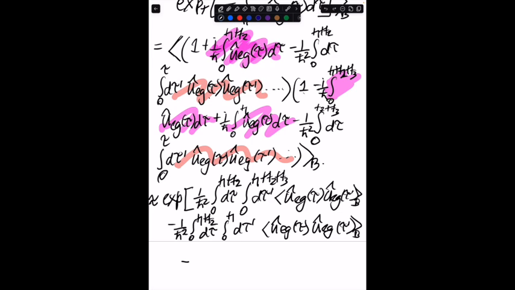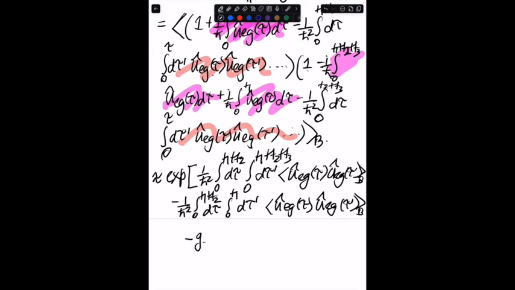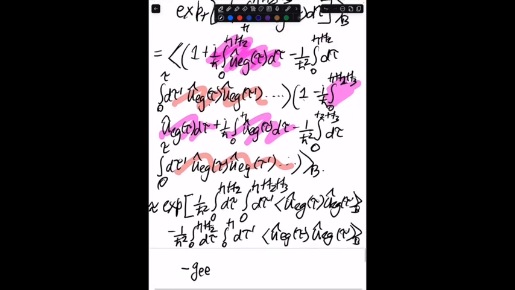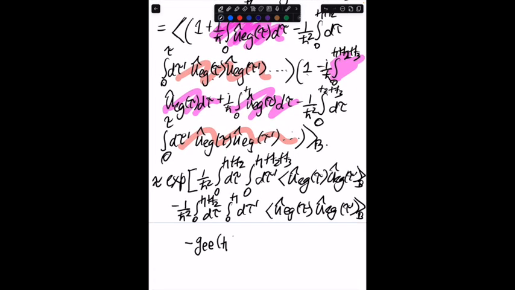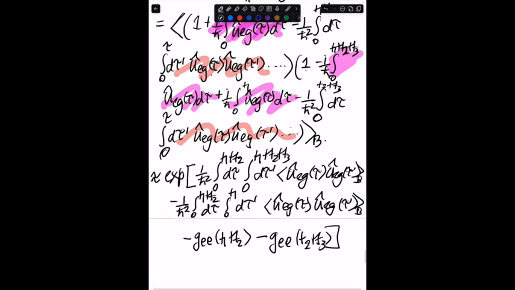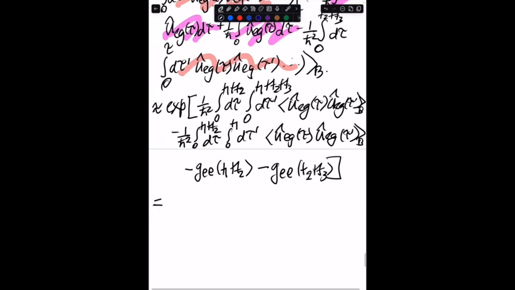So what that gives me is this first red term will just give me G(T1 plus T2). I hope that's clear to see now. And then the second red term will give me G(T2 plus T3). If this is not clear, please work the math out by yourself and confirm that it's the case.